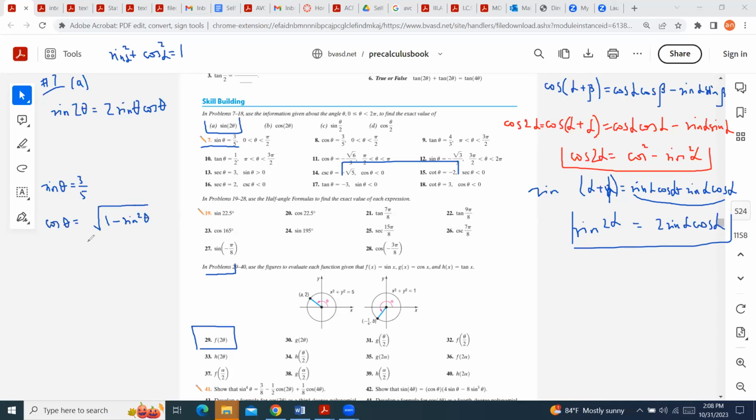But then I need to decide if that's positive or negative. Sometimes people put plus and minus because they are trying to show that it could be either positive or negative. But sometimes people think that it's both plus and minus. No, it's just one of them.